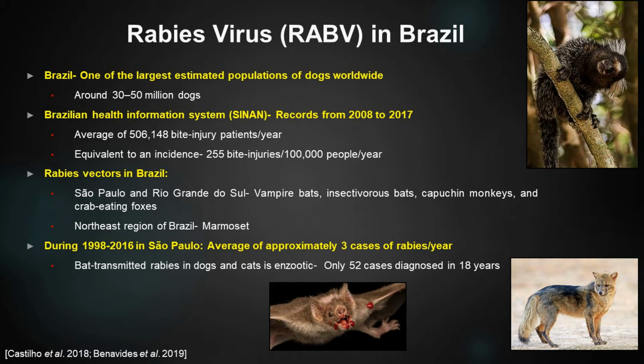During 1998 to 2016 in Sao Paulo, an average of approximately 3 cases of rabies per year occurred, and most of them were transmitted by bats to dogs and cats and can be classified as enzootic. Only 52 cases have been diagnosed in the past 18 years. Bats are also reservoirs for emerging rabies virus diseases.